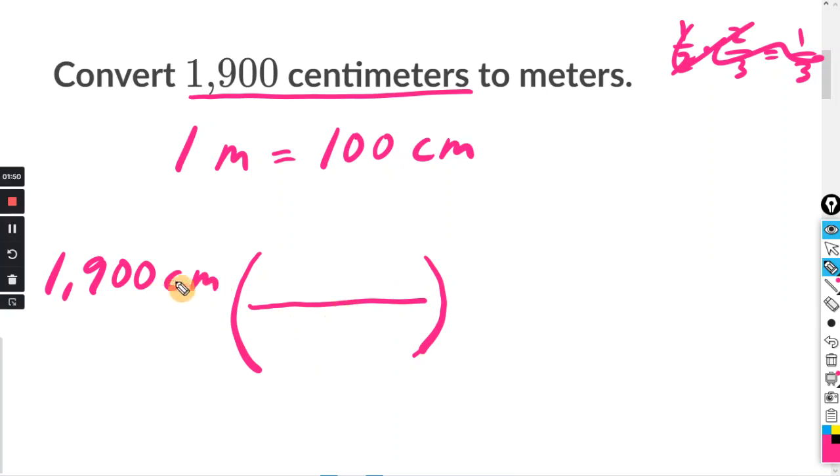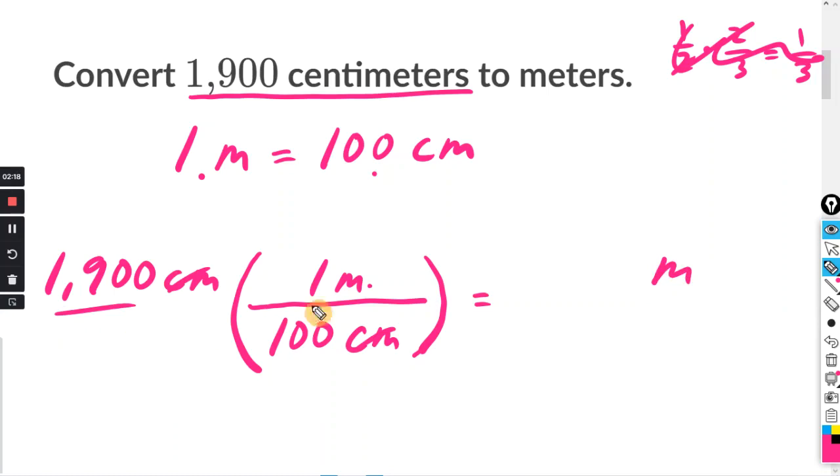Right here I have centimeters in the numerator, so in order for it to cancel, I want to put centimeters in the denominator. And we said 100 centimeters equals 1 meter. Canceling units, centimeters divided by centimeters cancel, and we're just left with the units of meters.